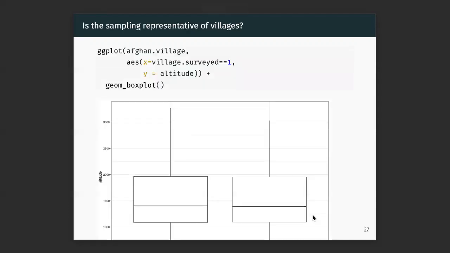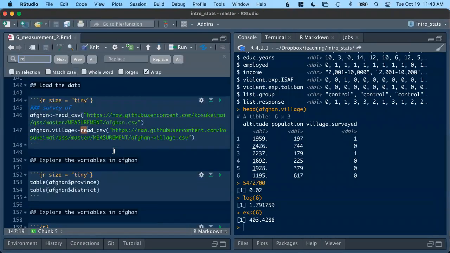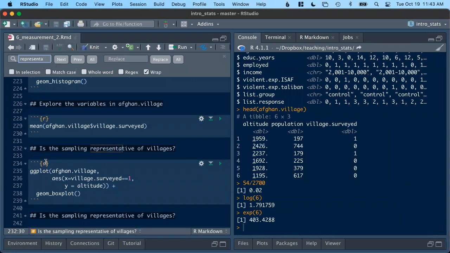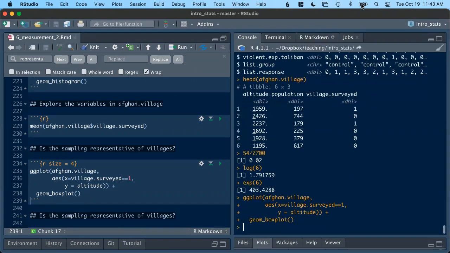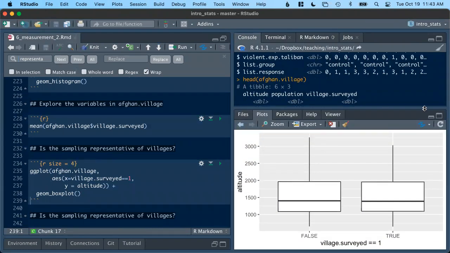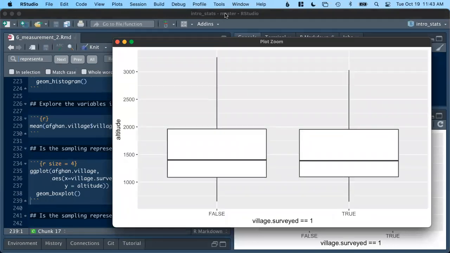Let's see if the sampling is representative of villages. We'll just look at that plot while we wait. Okay, so here is altitude. I'm doing a box plot of altitude by whether the village was included in the survey.